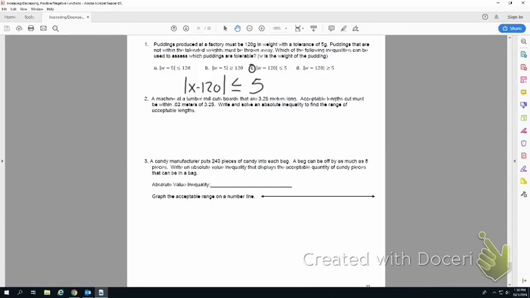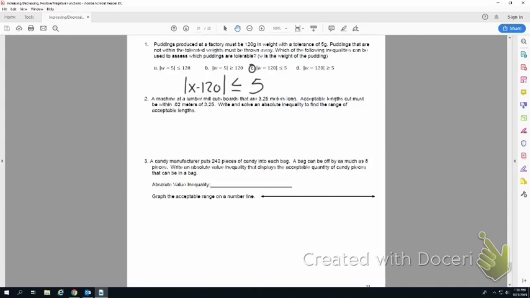That's within the range, so that one's good. I pick this one up, I weigh it, it weighs 114. That is not within the range, so that one does not work. So x is just representing any cup of pudding that I weigh. I take its weight and the difference between the ideal weight, and the absolute value of that has to be less than or equal to 5.